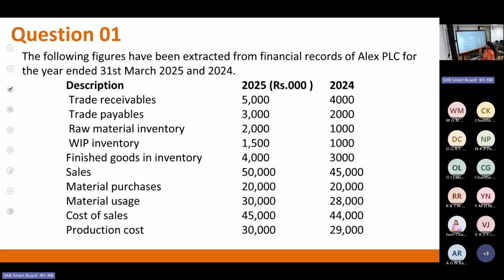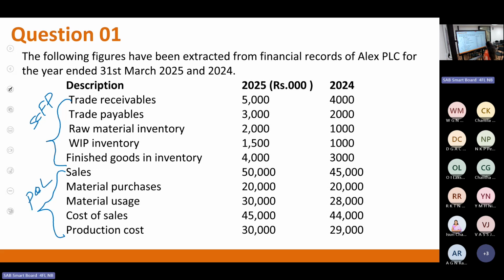All the balance sheet items, starting from here: trade receivables, payables, raw material inventory, WIP, and finished goods inventory. These are SOFP items. And then you were given sales, raw material, cost of sales, all of which are P&L.